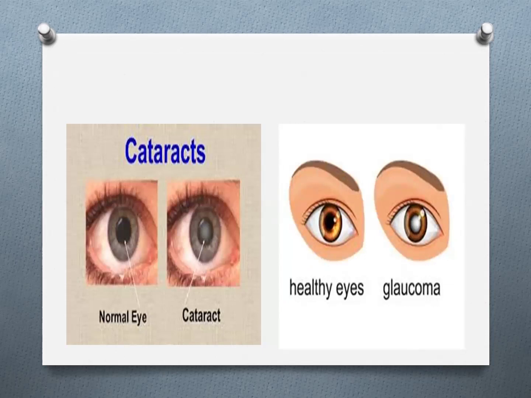As you can see in the normal eye, on the left-hand side, we have a dark black cornea, which is not hazy. In the cataract, you can see the whitish haziness. On the right-hand side, there is glaucoma, which is defined as increased intraocular pressure.